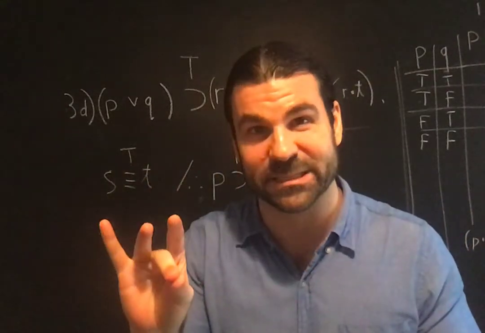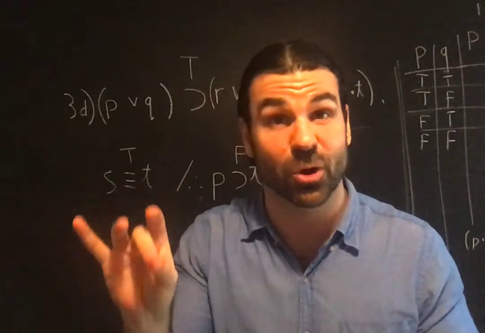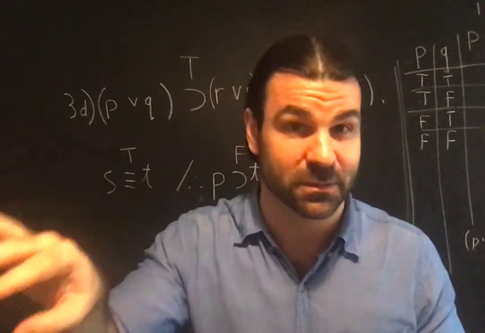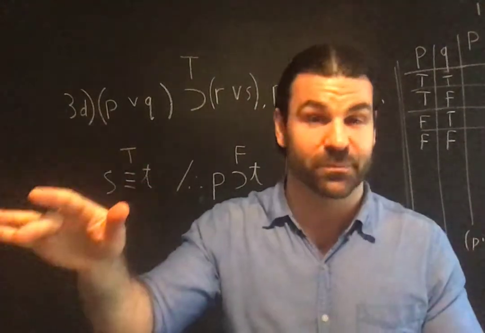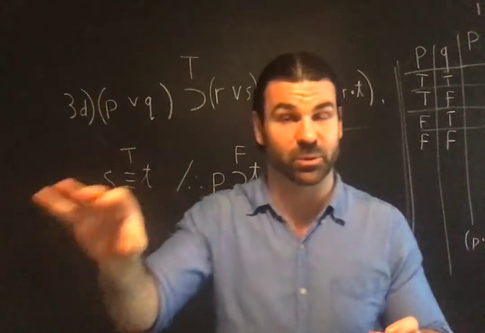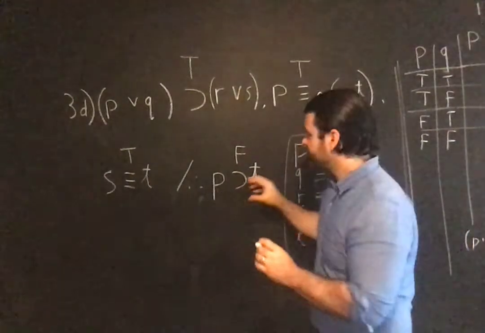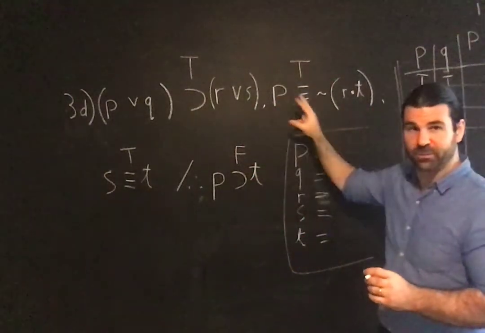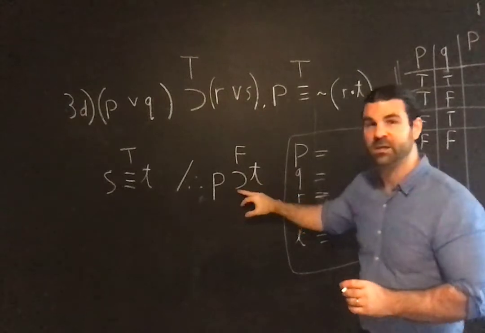This is a test of the argument's validity, and I don't know yet whether it is or is not valid. Some of these ones in question 3 will be shown valid, and some will be shown to be invalid. I've made that assignment of all premises true and conclusion false.